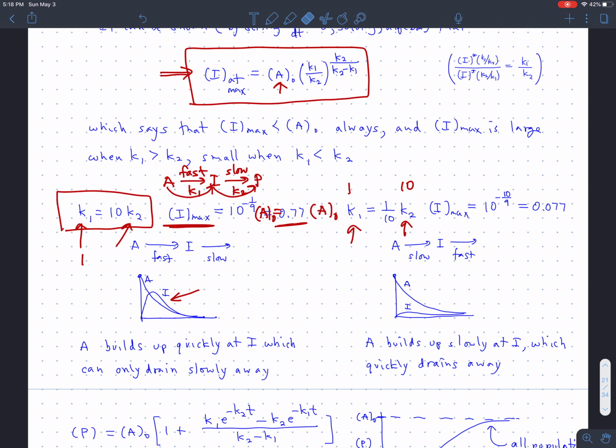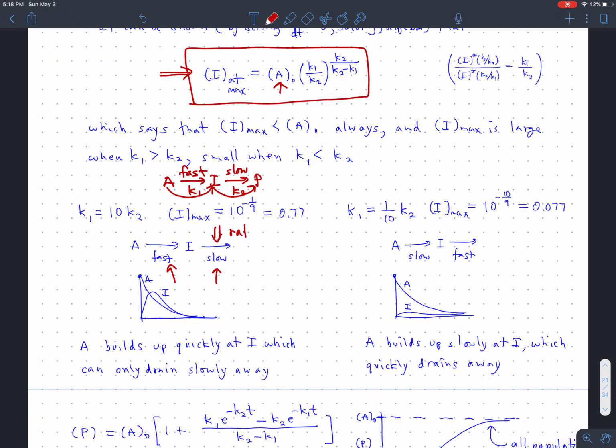And all of this illustrates the idea of a rate limiting step that I talked about earlier, because in the case where the first step is fast and the second step is slow, this is the rate limiting step.